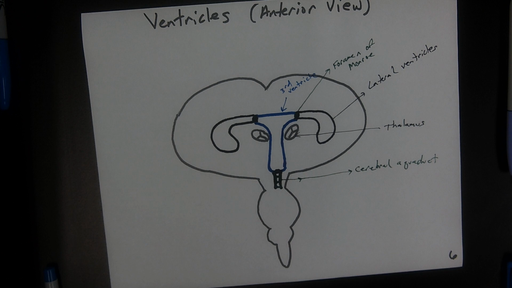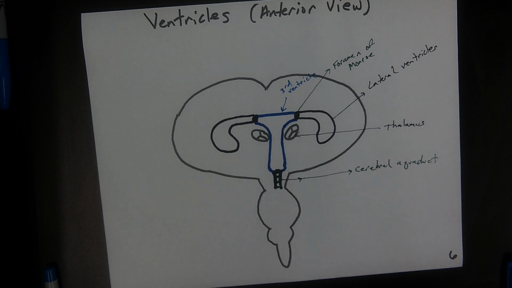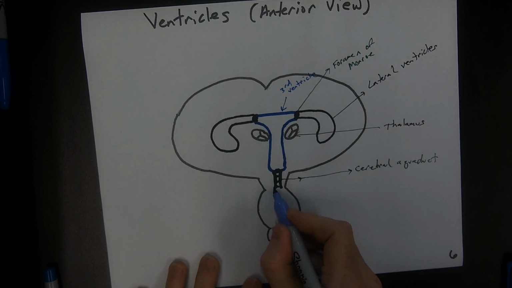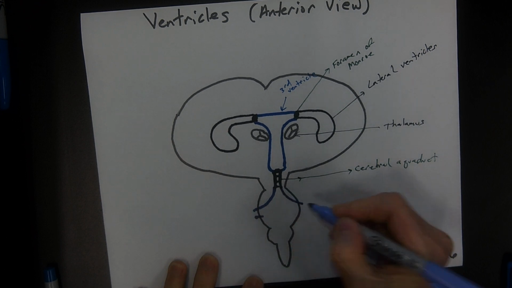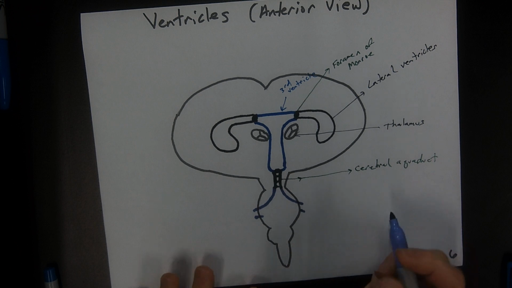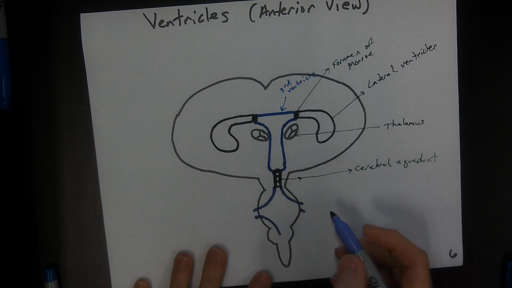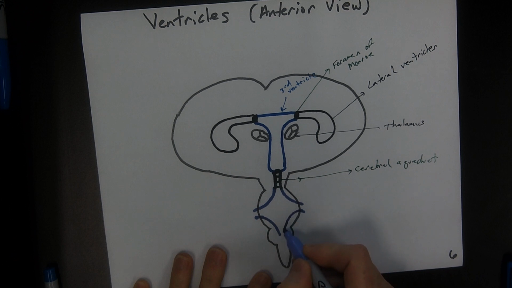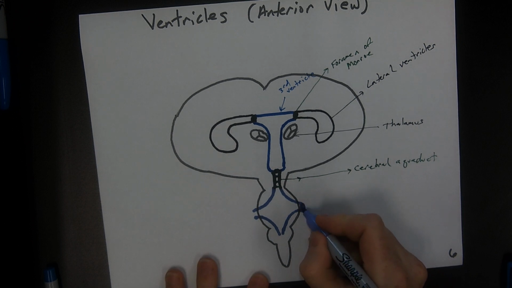The cerebral aqueduct goes through the midbrain and connects the third and the fourth ventricles, and now I think you're going to see the foramen of Luschka here. So then you're going to have your fourth ventricle here. Okay, here's your foramen of Luschka.